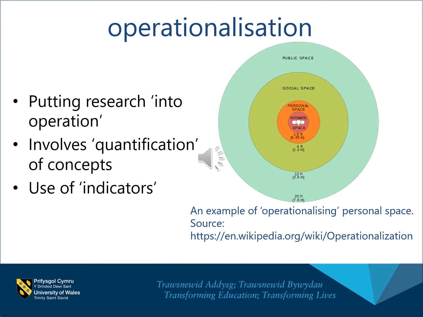For example, the use of a Likert scale using numbers 1 to 5, for example, to represent agreement or state of satisfaction, etc. The picture on the right of the slide gives an example of operationalisation, and this shows personal space and actually operationalises it by the use of distance. So you're actually looking at, if you like, the distance or the radius of those potential circles of social space.